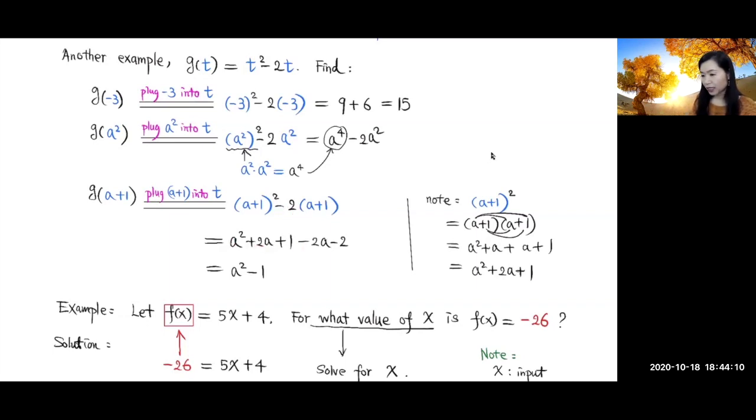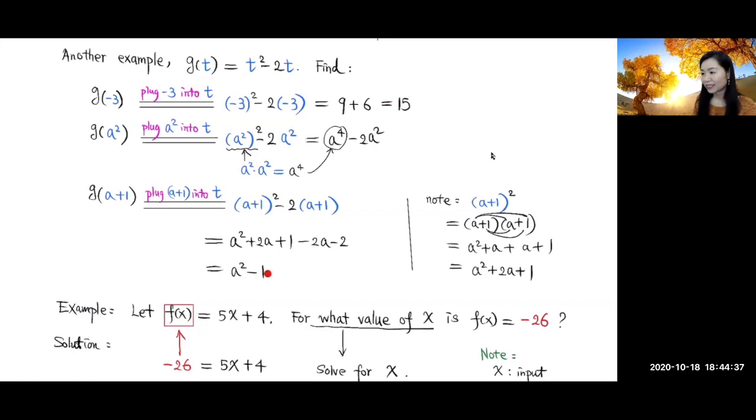Now, distribute this negative 2 here. You get negative 2a minus 2. So simplify, you get a squared minus 1. So g of a plus 1 is equal to a squared minus 1. So you first plug in a plus 1 into the t here. And then later on, expand and combine terms, simplify, and you write down this simplified answer.